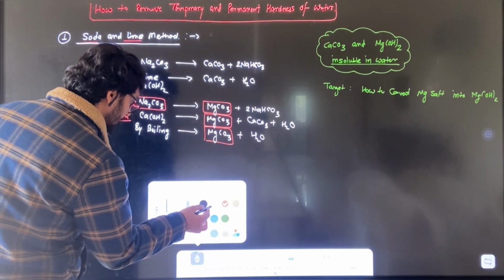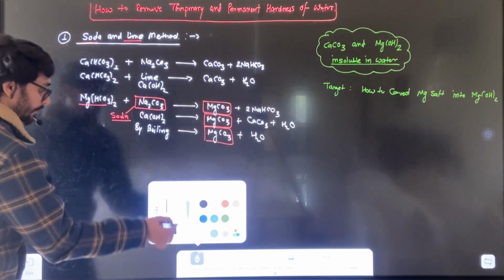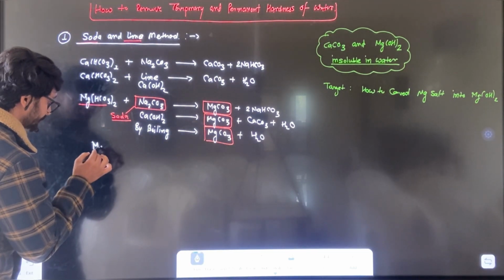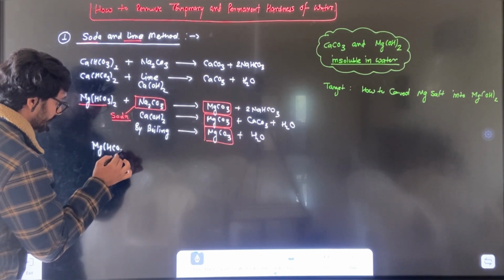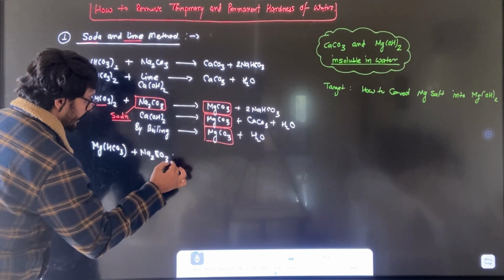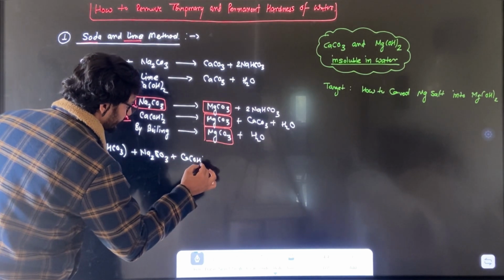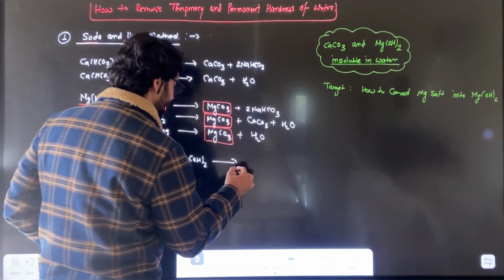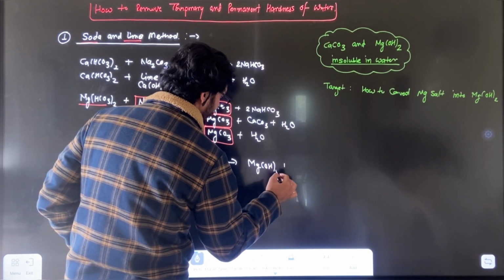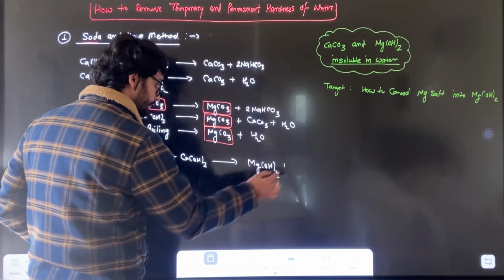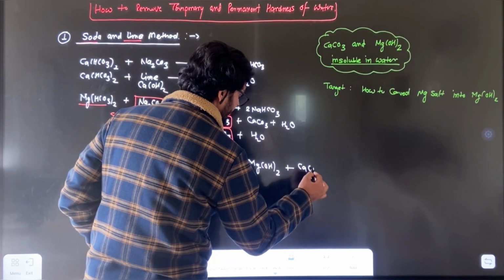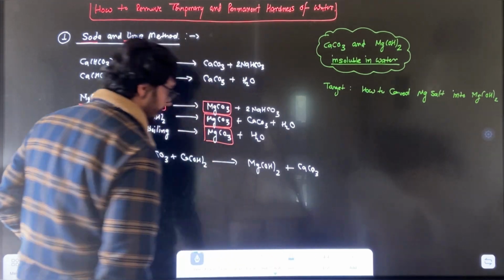It means when magnesium bicarbonate reacts with soda and lime, then we get magnesium hydroxide and calcium carbonate, right?